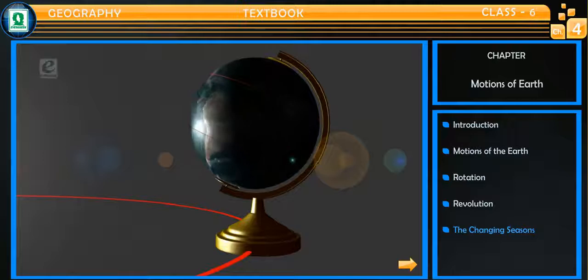It is summer in the Southern Hemisphere and winter in the Northern Hemisphere. This day is the shortest day in the Northern Hemisphere and the longest in the Southern Hemisphere. This position is known as winter solstice. Besides, the Arctic Circle has 24 hours of darkness and the Antarctic Circle has 24 hours of daylight.